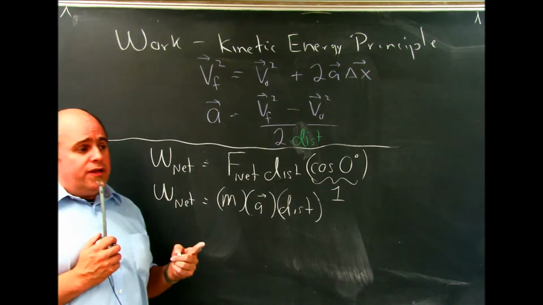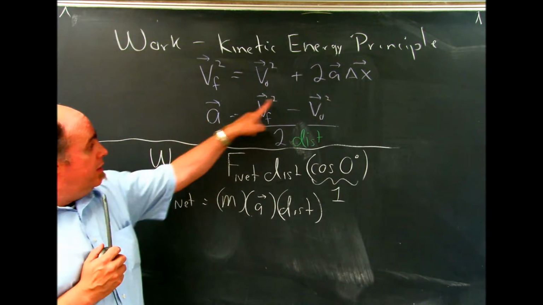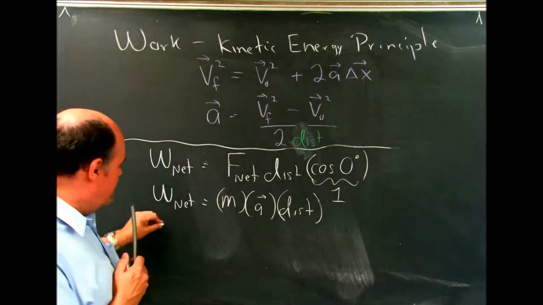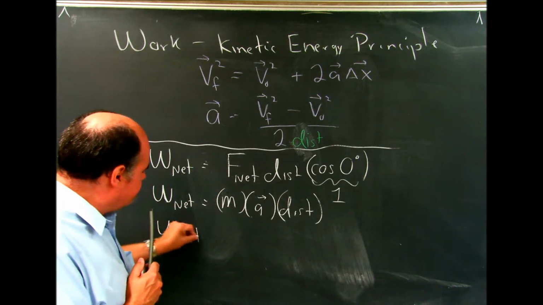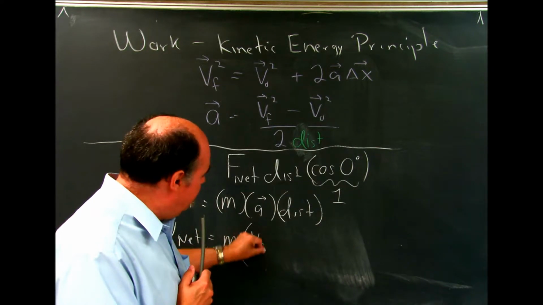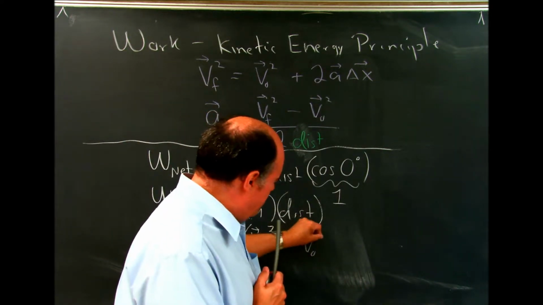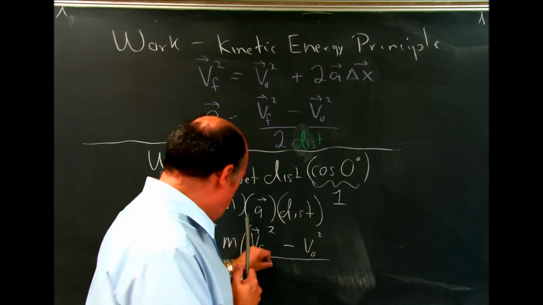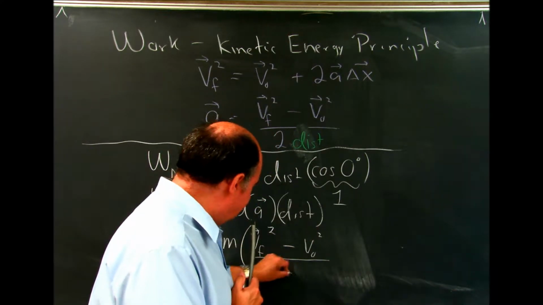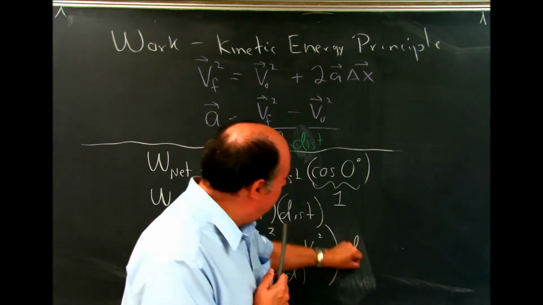And now I want to make a substitution. Instead of calling a this way, I want to call a this stuff. So I could say the net work equals m times V final squared minus V initial squared, over 2 times the distance, and we multiply by the distance again.